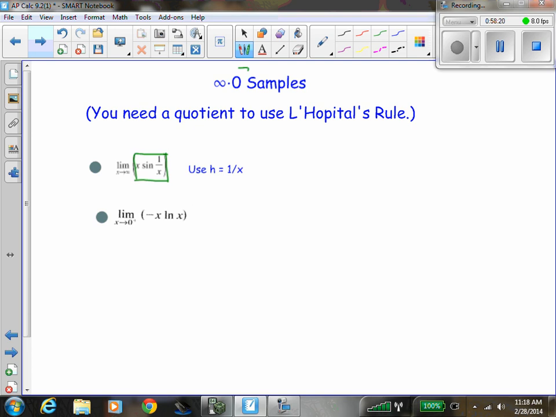So I could write this thing as the limit as x approaches infinity of sine of 1 over x over 1 over x. If you'll think about simplifying that, you'll see that this simplifies to that same expression right there. Okay? Now, let's try to get the answer doing it this way.